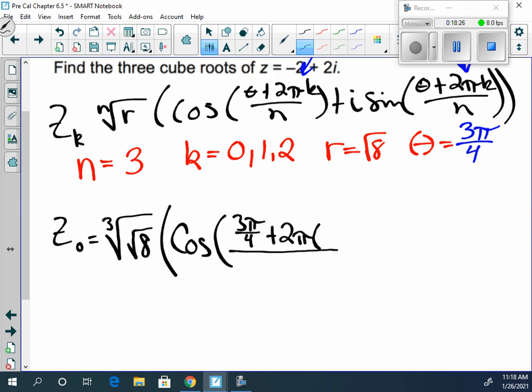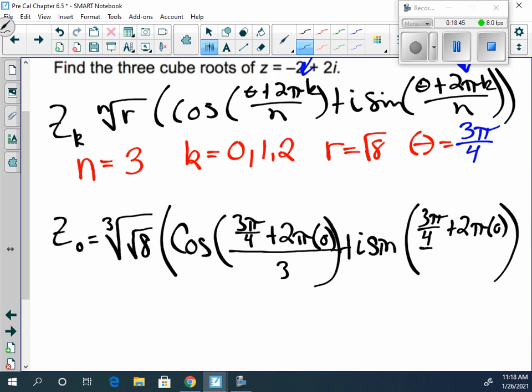Now what is k? 0, over 3, because that's our n value. Plus i sine. We'll have the exact same thing: 3 pi over 4 plus 2 pi times 0 all over 3.